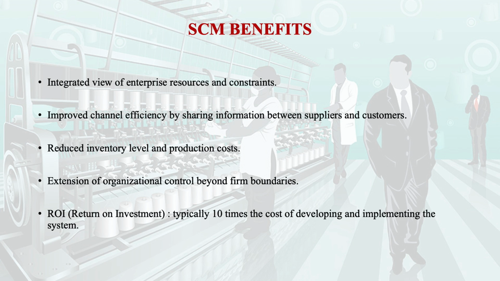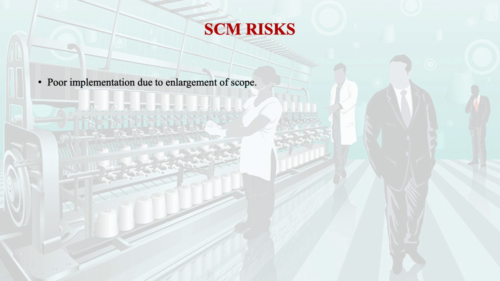There are certain supply chain risks also, such as poor implementation due to enlargement of scope. There is a risk of information sharing. There is also a problem in the assessment of information.